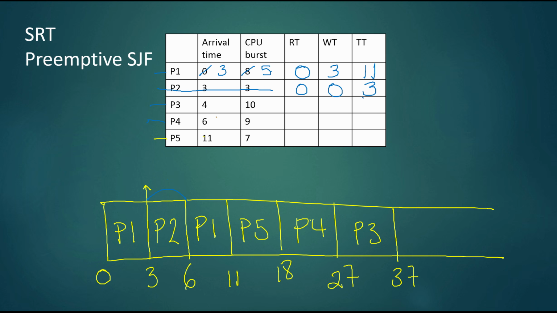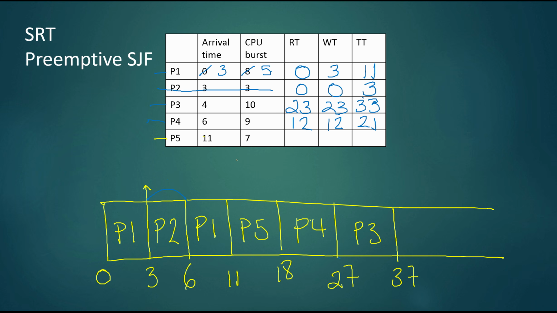P3 arrived at time 4, did not get the CPU until time 27, so its response time is going to be 23, and turnaround time is 33, and it only waited 23. P4 arrived at time 6, first got the CPU at time 18, so P4 is going to have a response time of 12, and a turnaround time, finished at 27, arrived at time 6, so a turnaround time of 21, and only waited a total of 12 time units.